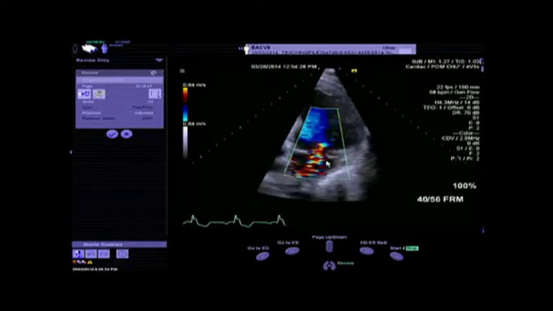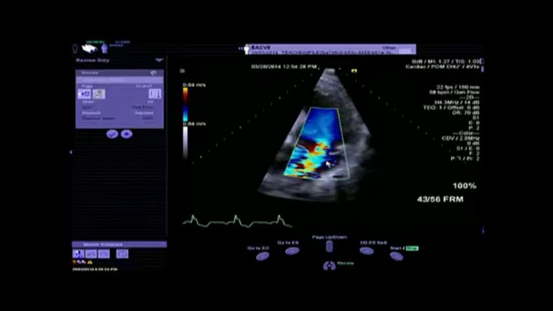It is a turbulent jet, and we know all the limitations of the regurgitant jet area related to technical and physical factors, and this is the reason why the color flow Doppler is just used in this situation to see the mitral regurgitation, but not to quantitate it.